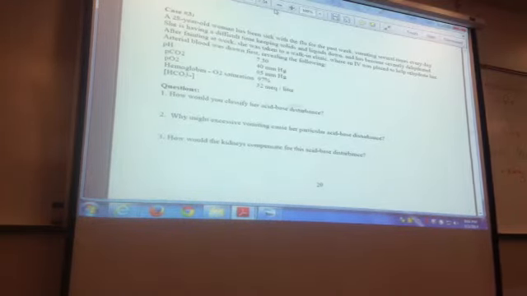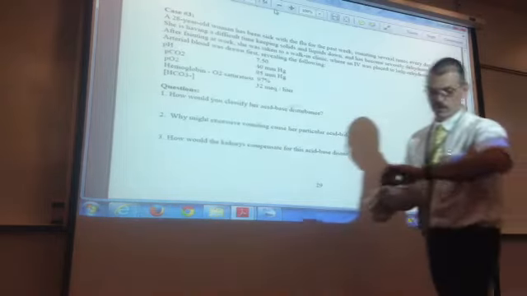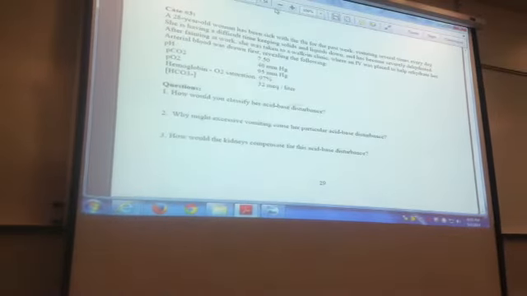Metabolic alkalosis. So her hydrogen's down. She's having a difficult time. It'd be metabolic alkalosis. Is that what you said? Uh-huh. That's what I think. And then, okay, and then why might excessive vomiting cause her particular problem?